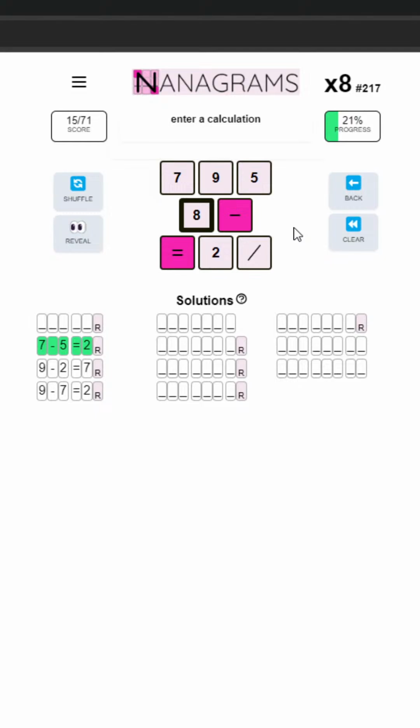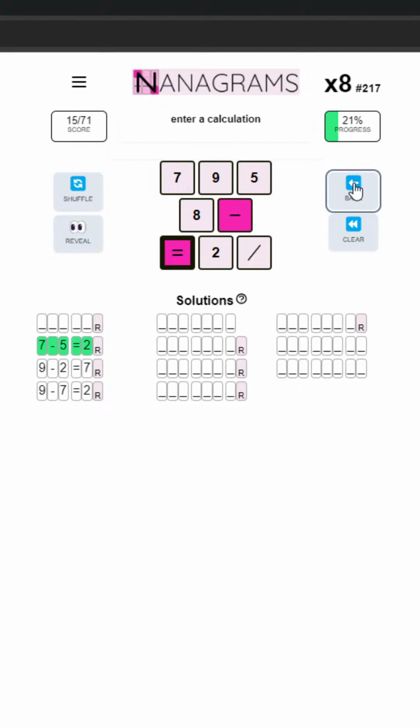Yeah, the more you add, the more complicated this gets, it seems. 25 minus 8 is equal to... This is hard now.